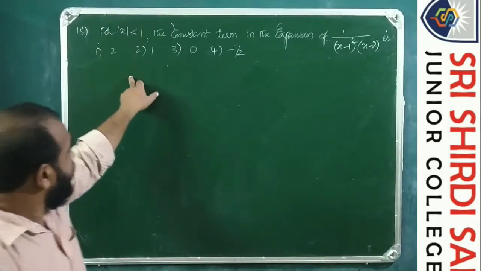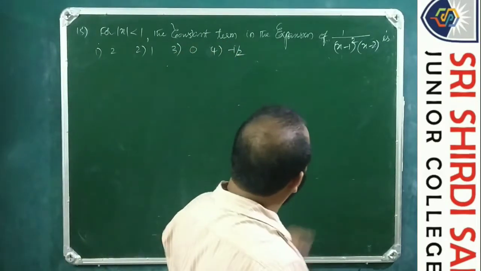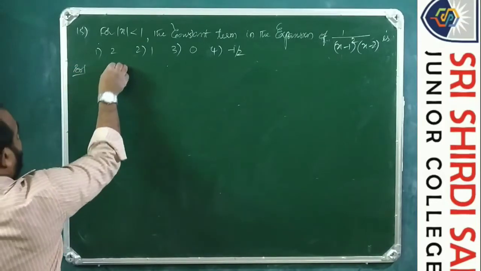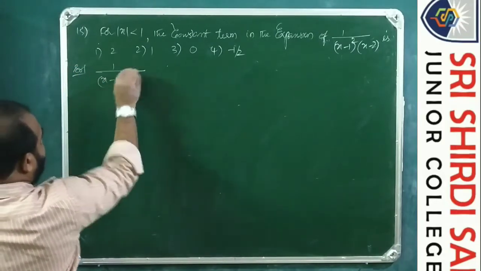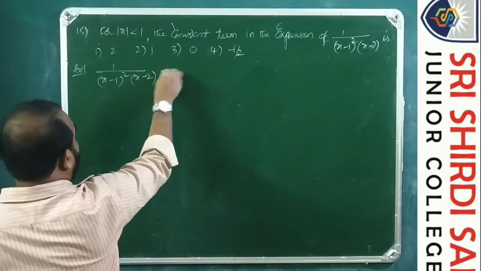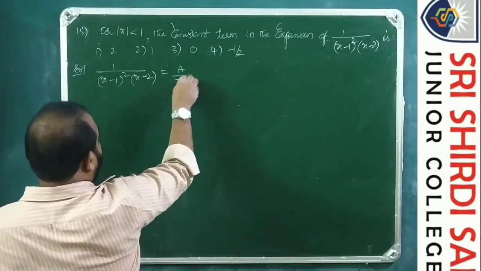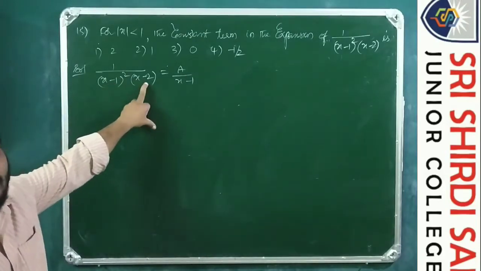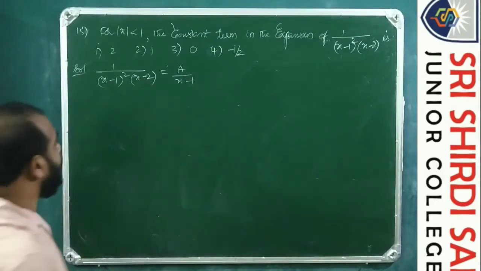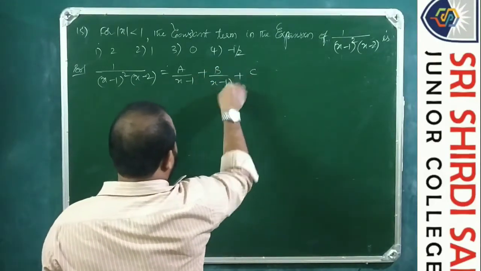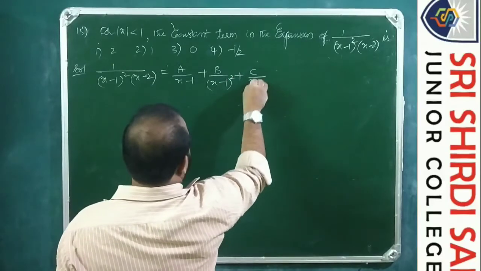For mod x less than 1, the constant term in the expansion of this. So first of all, 1/((x - 1)² (x - 2)) is equal to a/(x - 1), the denominator contains a repeated linear factor and a non-repeated linear factor, type 1, type 2, plus b/(x - 1)² plus c/(x - 2).